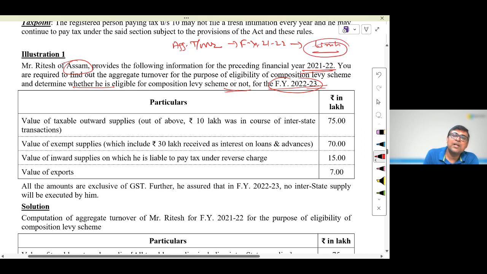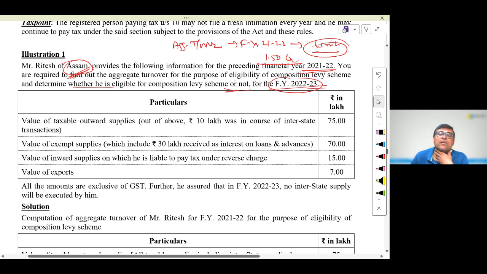So what should be the limit? If he is located in Assam, the limit is 1.50 crore. If he is located in Uttarakhand or Arunachal Pradesh, this limit would be reduced to 75 lakh. However, since he is located in Assam, the limit is 1.50 crore.